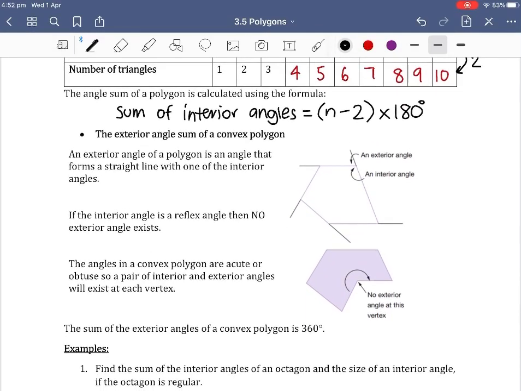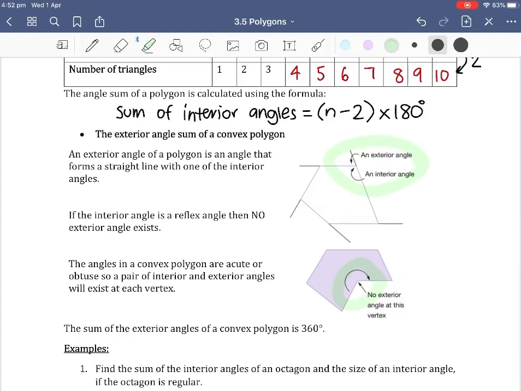Moving on to the exterior angle sum of a convex polygon. An exterior angle of a polygon is an angle that forms a straight line with one of the interior angles, like you can see here. If the interior angle is a reflex angle, then no exterior angles exist, like here.